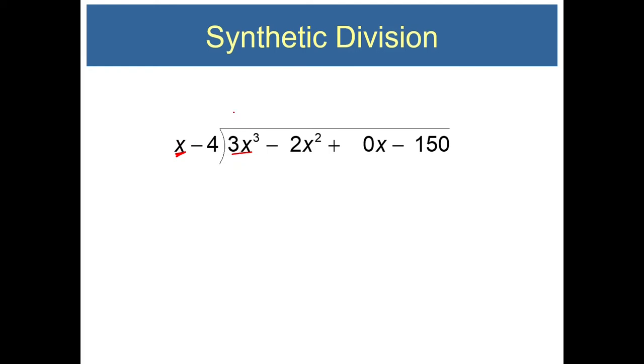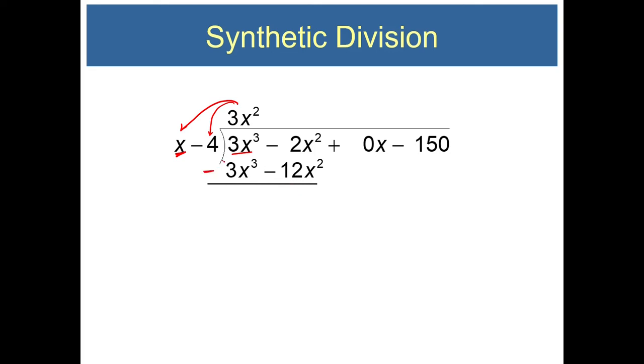We'll write 3x squared up here, and then we'll multiply that to our divisor. 3x squared times x is 3x cubed. 3x squared times negative 4 is negative 12x squared.